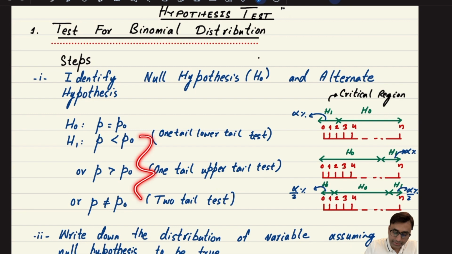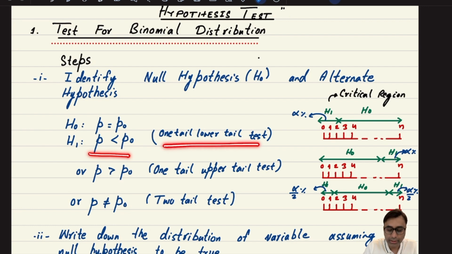Out of these three, you will have to write down only one, which will determine what type of test it is. If you're looking for a decrease in probability, that will be called a one-tail lower tail test, and in such a case, the critical region is going to lie at the lower tail of the distribution.